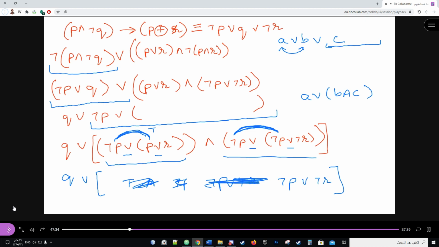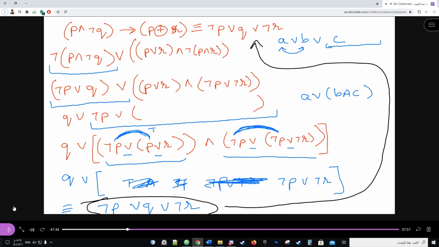So now we have an OR outside, we have an OR, we can rearrange. So this rearrangement gives not P or Q or not R, which is the same as the right hand side. Yes, Sultan. So this is what was required, and that's how we got it.